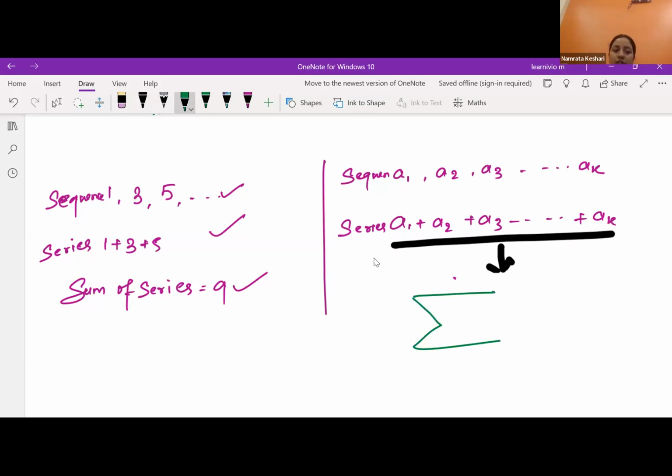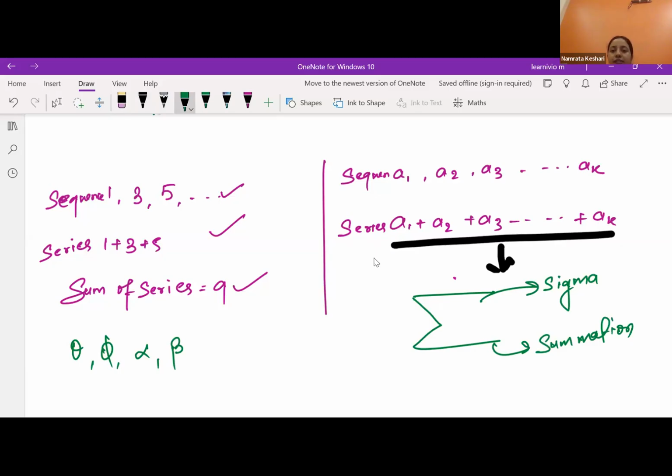The way theta represents an angle, phi represents an angle, alpha and beta represent roots or zeros, similarly this is a new symbol for you, called sigma notation, and we will use it to represent summation.